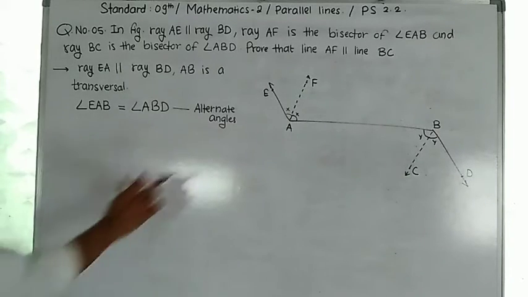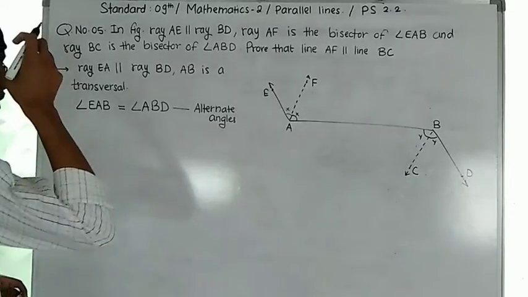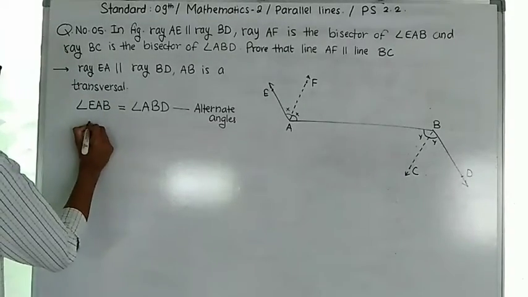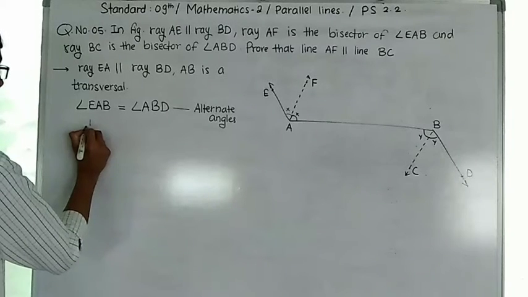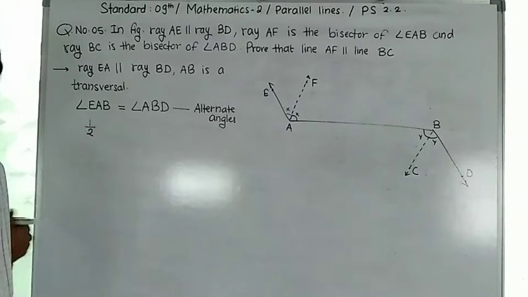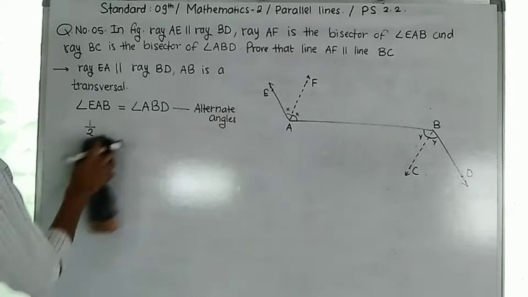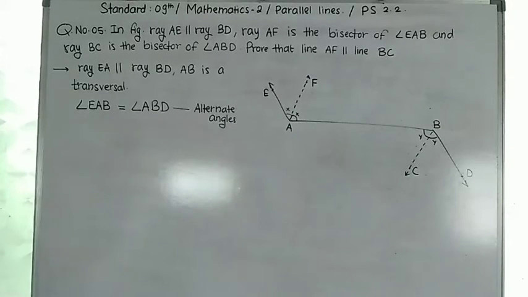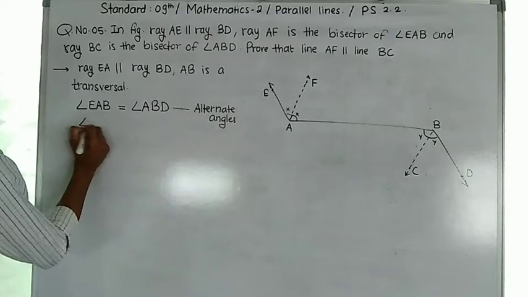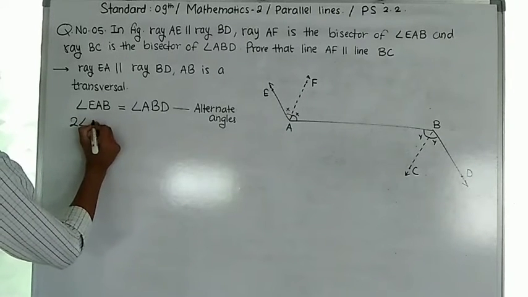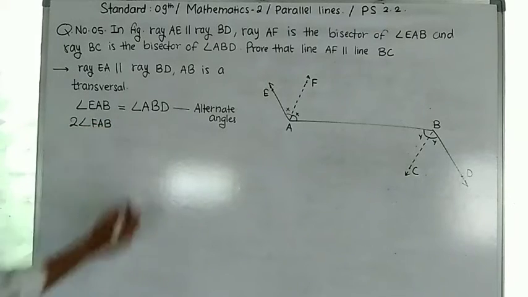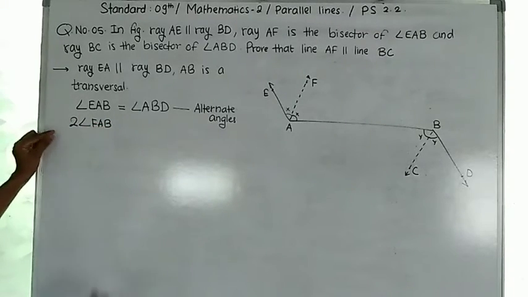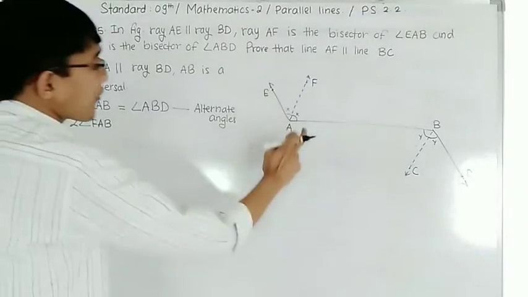Now, I can write angle EAB as 2 into angle FAB.